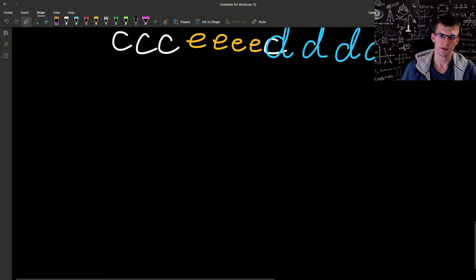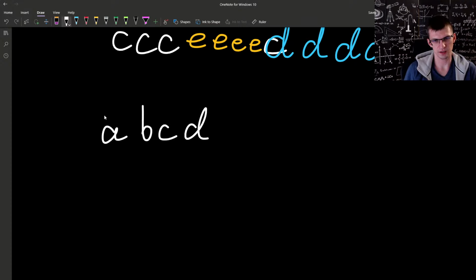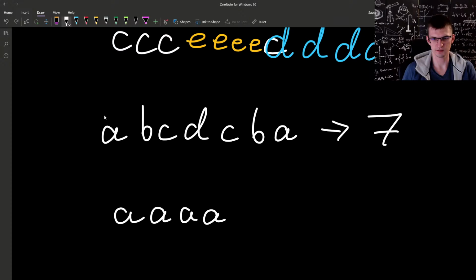Okay. Here's an example of a string where it is optimal to overwrite something. If in the input we have A, B, C, D, C, B, A. If you just separately print every character, the number of operations will be 7. Instead, it's better to first print A's like that in the whole string.